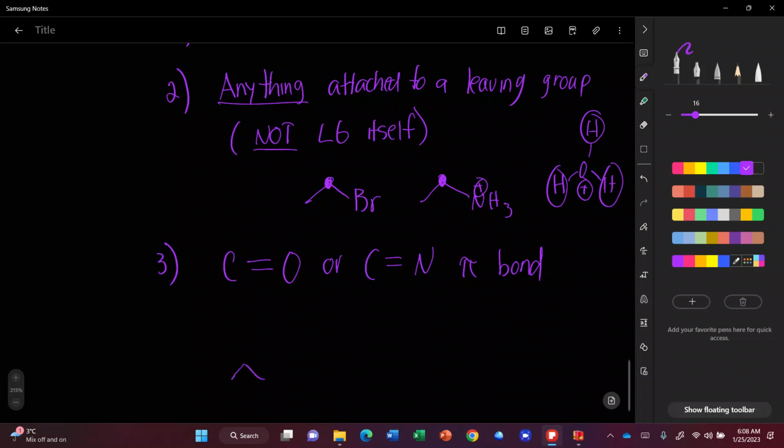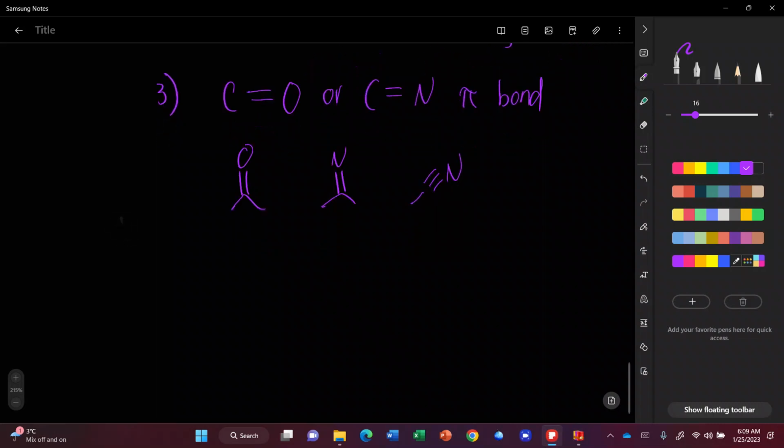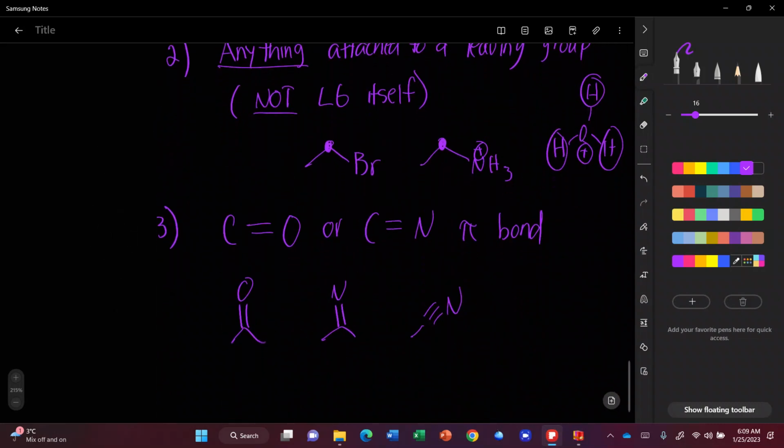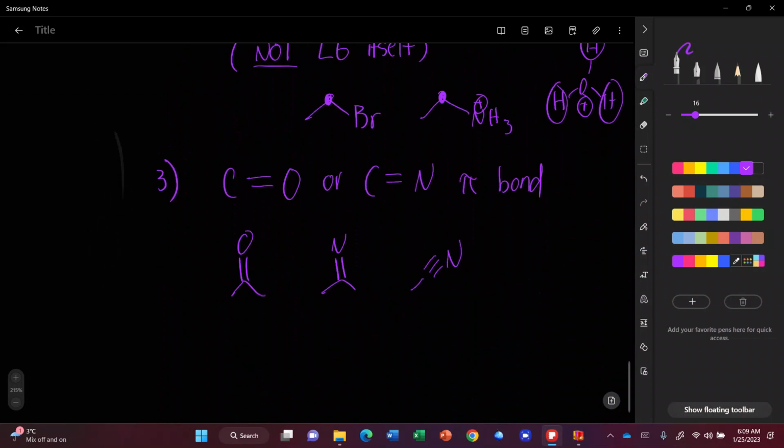With oxygen, it's really only ever going to be a double bond, but with nitrogen, you can have C double bond N or C triple bond N. Both of those involve pi bonds, so all three of these cases are electrophilic. And I think that's all of the examples I can think of for things that are electrophilic.